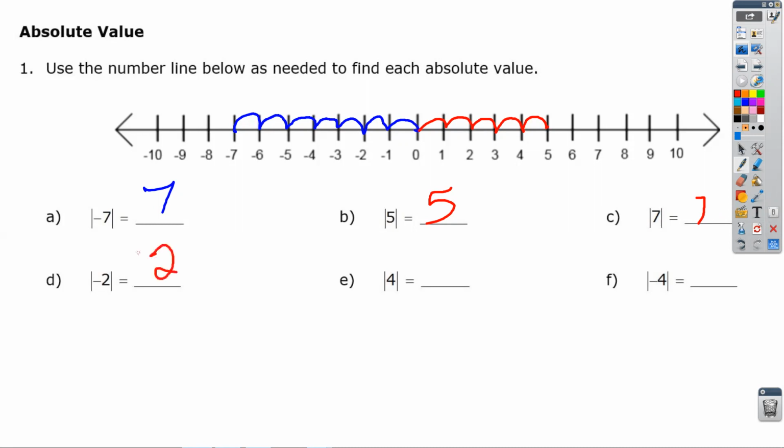Careful, it is a +2. I can write it with the positive sign or without, but it is a +2 because absolute value again is the number of jumps, and you cannot jump a negative amount of times. Absolute value of 4 is good, 4, and the absolute value of -4 is good, also 4.